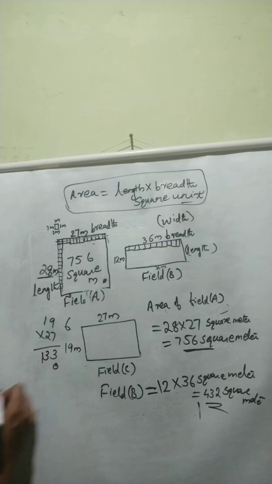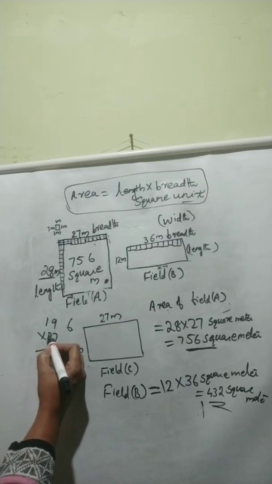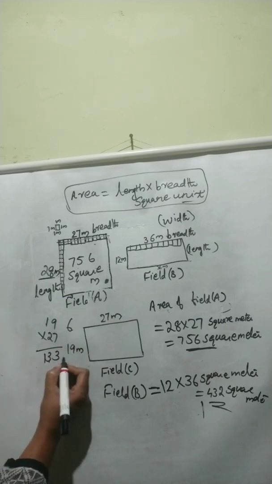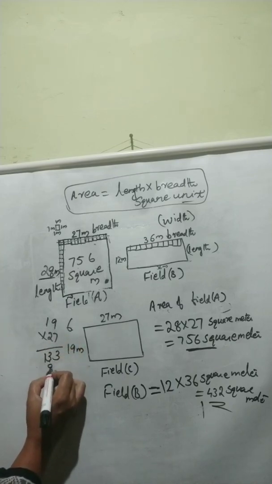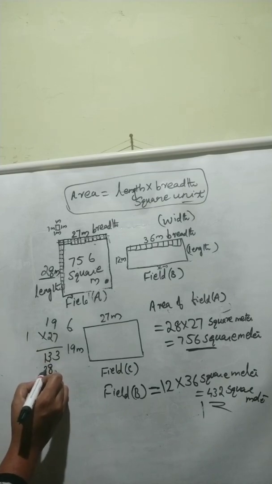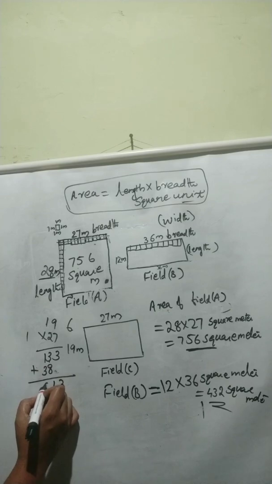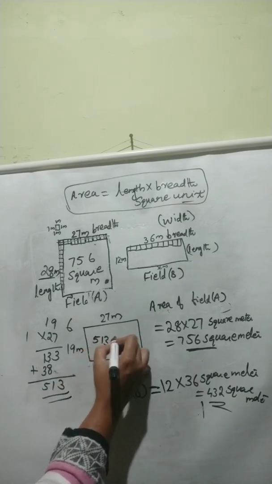We can keep here a 0. Then the next number we have to write just under the tens place digit of this first product. So 2 times 9, 18. Then 2 times 1, 2 plus 1, 3. Then we add it: 513. So we can write 513 square meter.